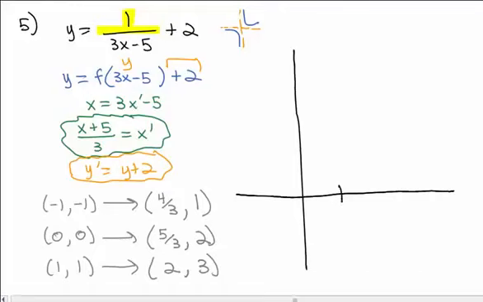On the x's, we're going to want thirds, so I'm going to go a little bit big so we can identify where those thirds are. So plotting our points, 4 thirds, comma 1. It's supposed to be pink. There we go. 5 thirds, comma 2, and 2, comma 3.